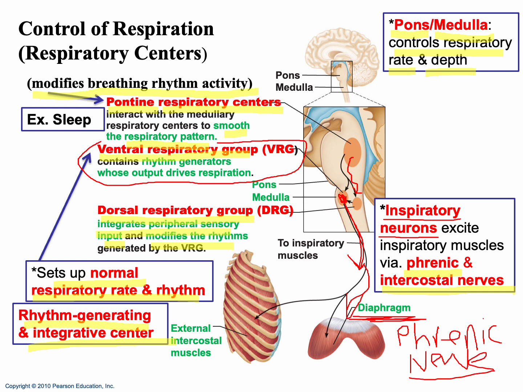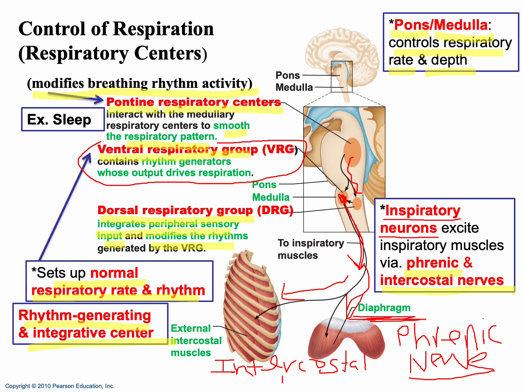Okay? And then the other critical nerve to know are the intercostal nerves. So these intercostal nerves make sense that they are sending messages ultimately to the external intercostal muscles.